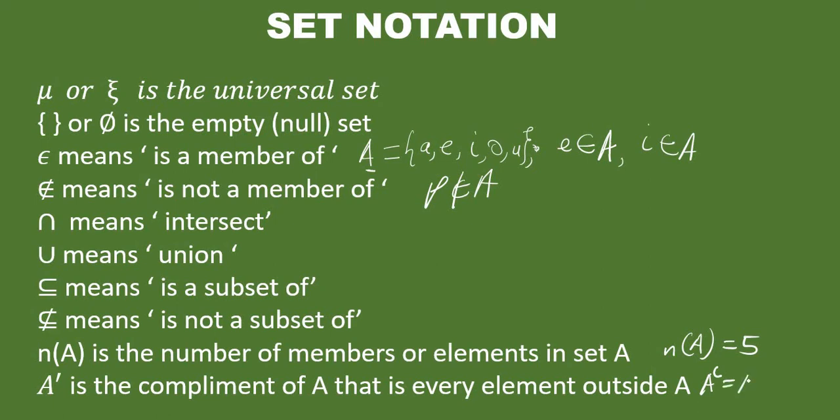So it's simply what is in the universal set that is not in set A. Take away every element in A, what is remaining is the complement. Is that clear? So these are the few symbols I can list out here that we use in sets: representing a universal set, empty set, member of, not a member, intersect, union, subset, not a subset, number of elements in a set, and then complement of a set.